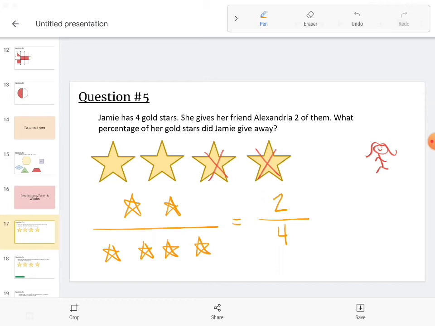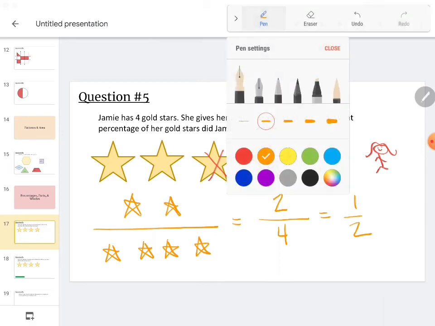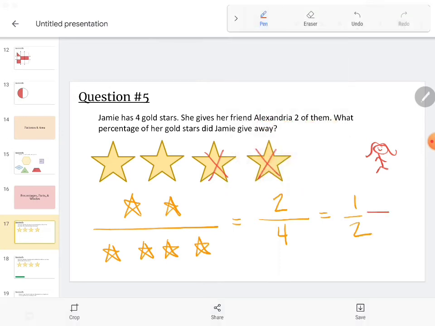Well, this fraction can be broken down. Both of the numbers are even. They're both divisible by 2. So we're going to divide each one by 2, and we should get 1/2. Now, this 1/2 represents the total amount of gold stars that Jamie gave away to her friend Alexandria.